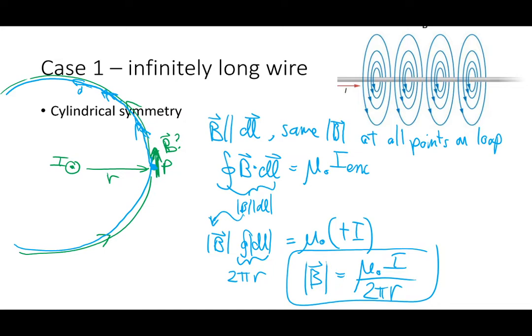In this case, the one extra step we can take is to consider not a point outside the wire, but a point inside the wire. So now we draw the wire a little bit bigger, right? You can imagine there's current through this wire everywhere, all going out, but I'm not going to draw that many circles.